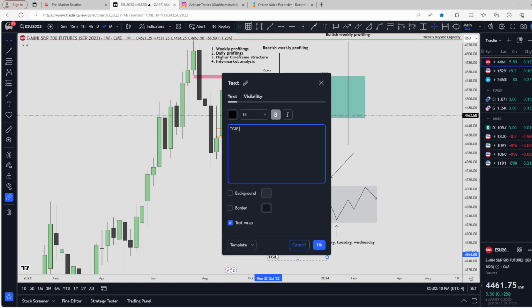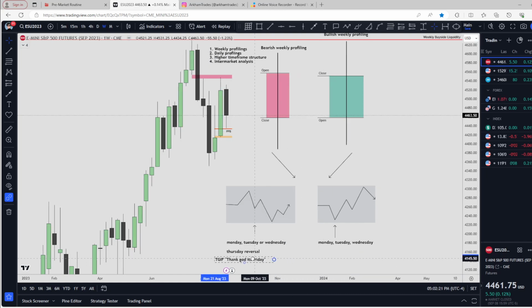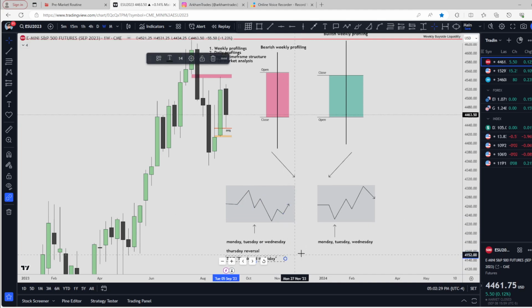TGIF, which is thank God it's Friday, where if we've been making significant lows throughout the week, we've been going lower, lower, lower, we could see Friday make a pullback reversal.